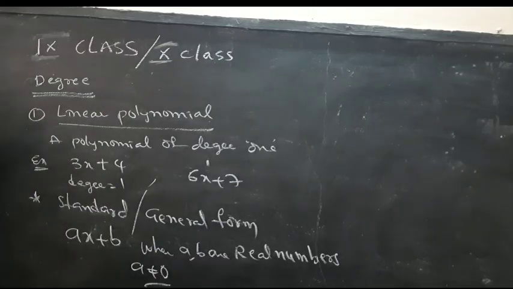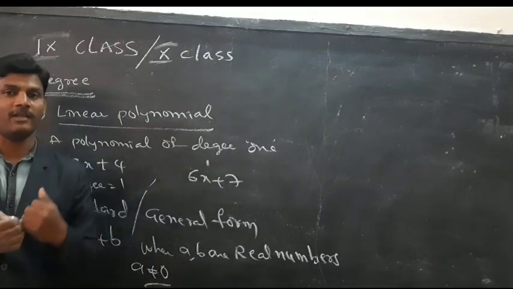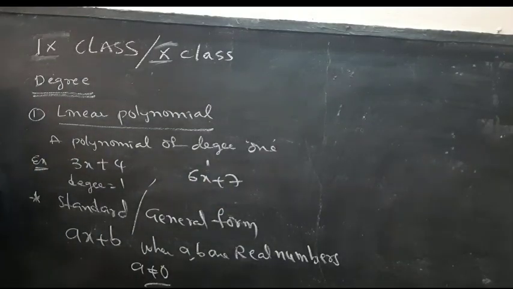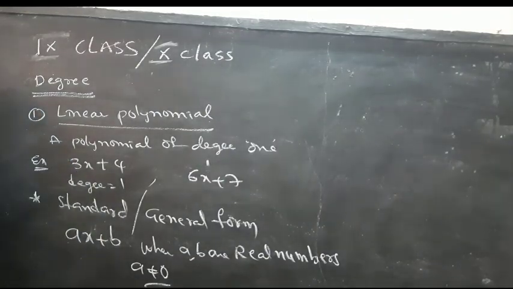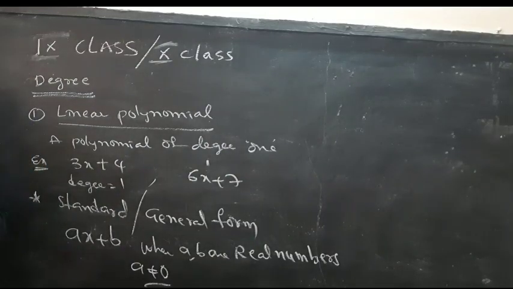So what is a linear polynomial? A polynomial of degree 1 is called a linear polynomial. Examples: 3x plus 4, 6x plus 7. The standard or general form of a linear polynomial is ax plus b, where a, b are real numbers and a is not equal to 0. It is a very important condition.